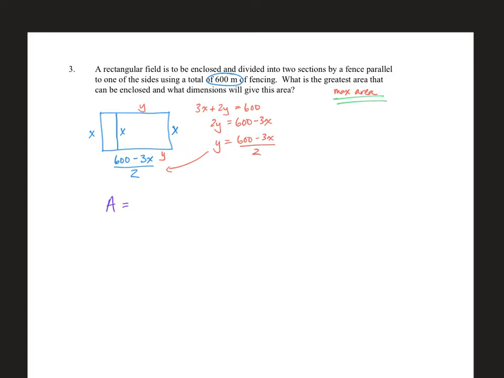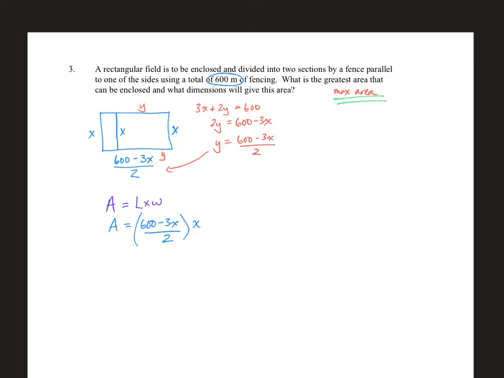Well, how do I calculate the area in blue? Well, my shape is a rectangle, so I'm dealing with length times width. Well, I can sub in the details of that function. That is a length of 600 minus 3x all over 2 times a width of x.